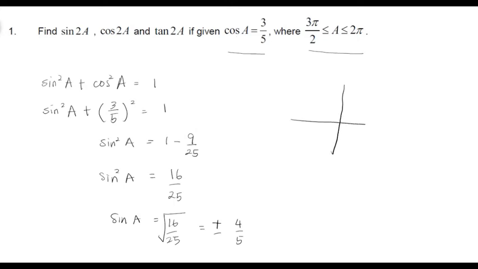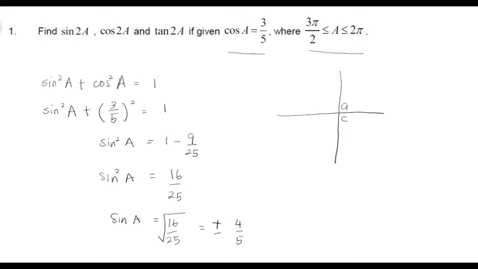To determine the exact value for sine A, first we must look at the restriction that has been given, where this is at quadrant 4. We recall from the previous lesson that in quadrant 1, all trigonometric values are positive.